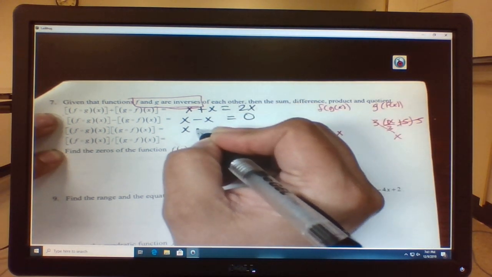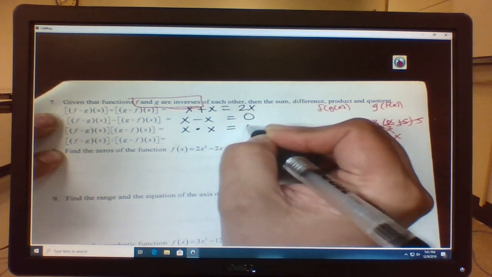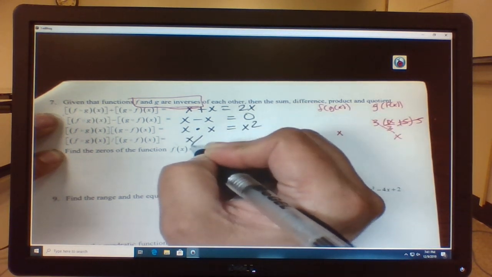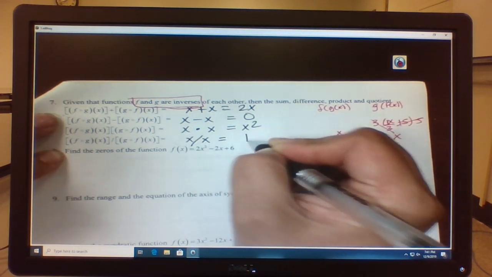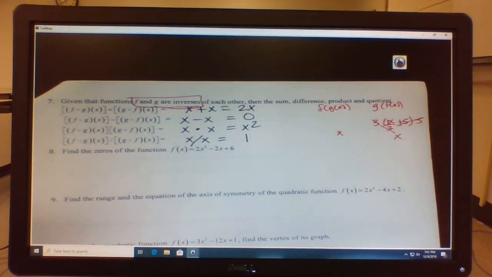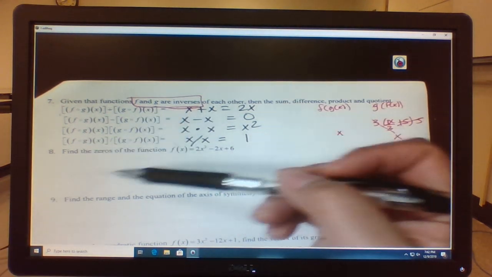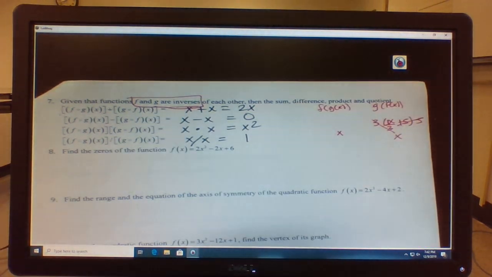What's X times X? And what is X divided by X? 1. We did the inverses, but they didn't ask in this way. But if you know, hey, if they're inverses, they should equal X.